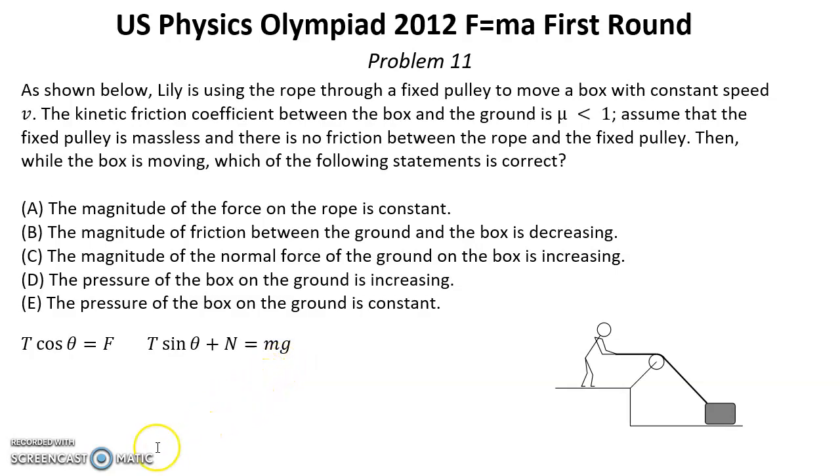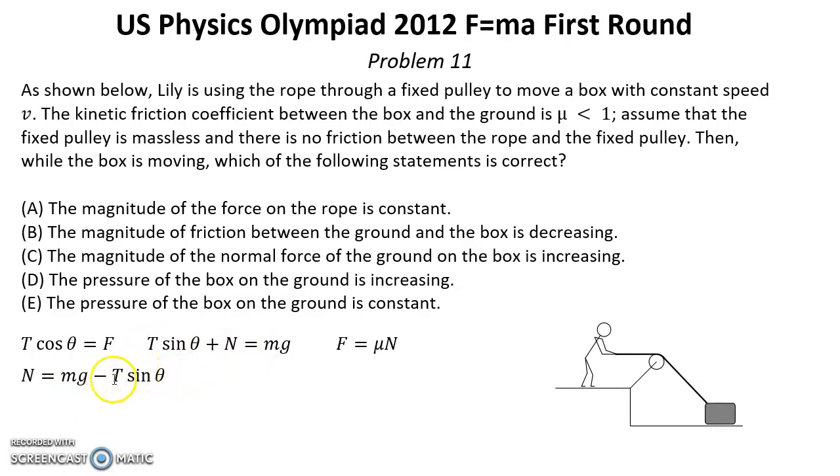And also we have a relation between the force of friction and the normal force. Force of friction equals mu multiplied by normal force. Now let's solve this system. First we can express the normal force from the second equation. We have this expression.